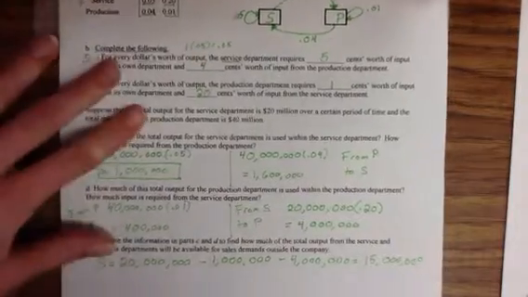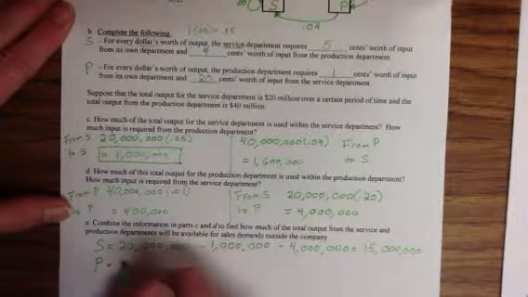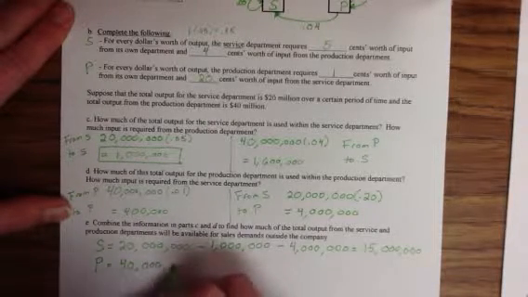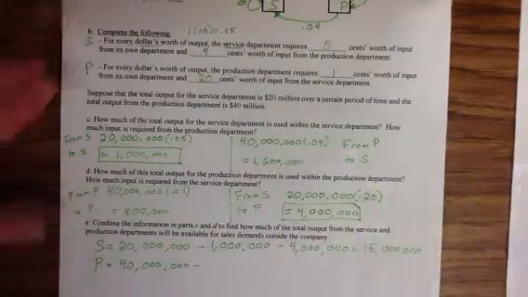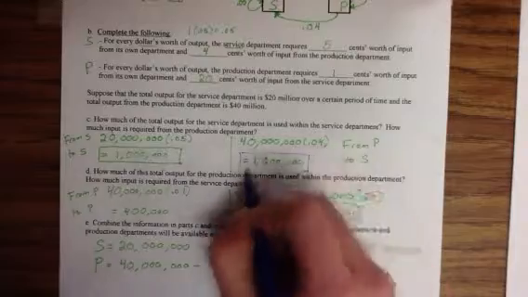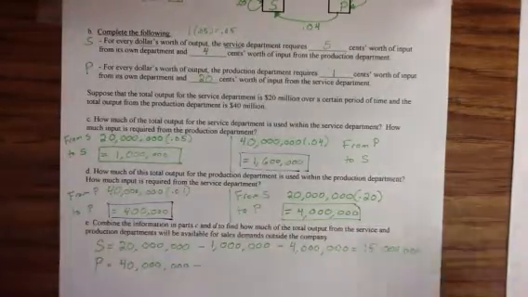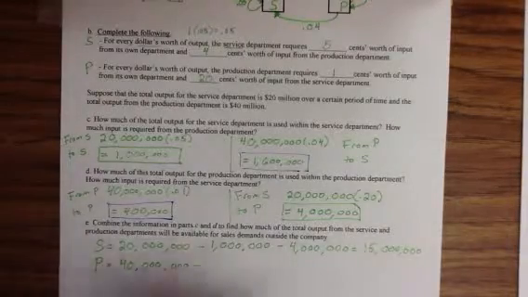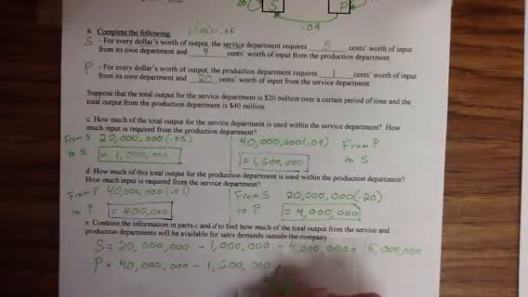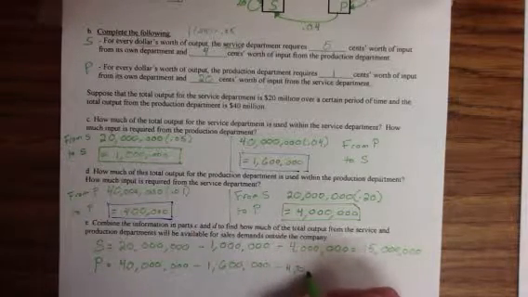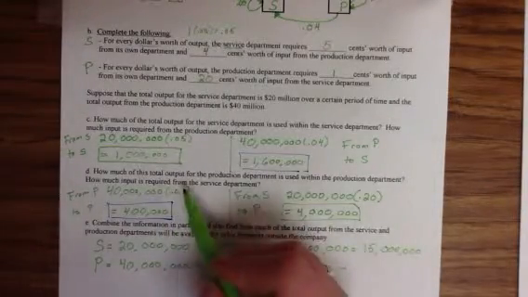Now we're going to need to calculate production's. So production is starting with $40 million. So start off with that 40 million. And we have to take away, so that one was used already. So basically we're going to be using the ones that are left here, because these are coming from production, and those are the amounts that we're going to be taking away here. So I'm going to take away the first one over here, 1,600,000, and I'm also going to take away 400,000, because those are being used within or consumed within the company.